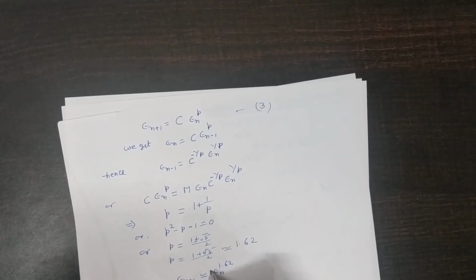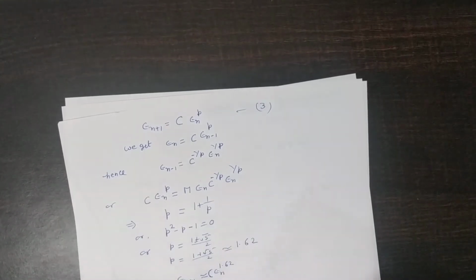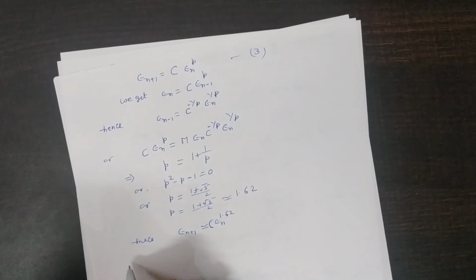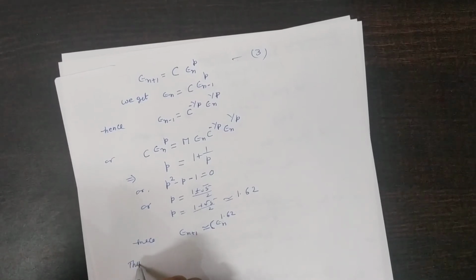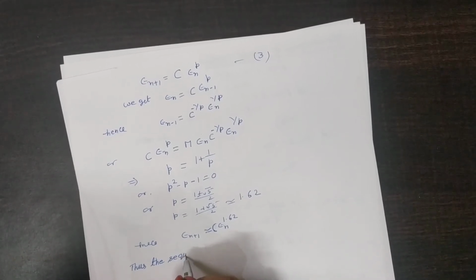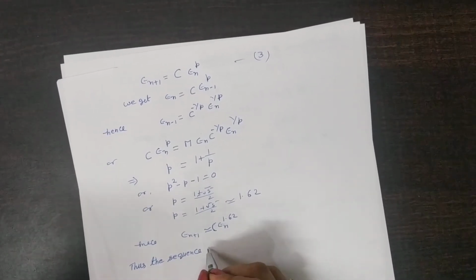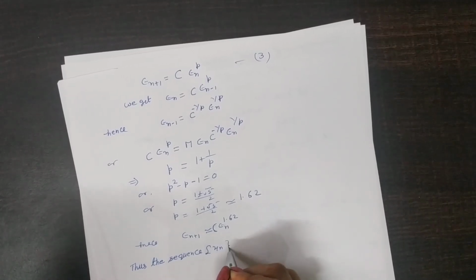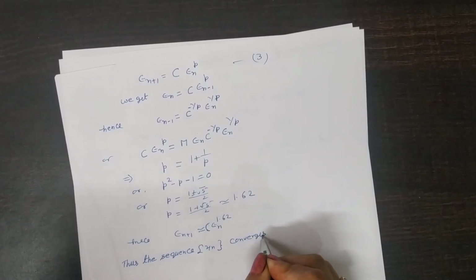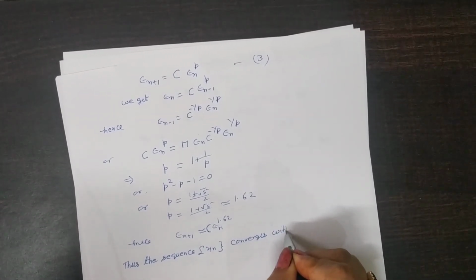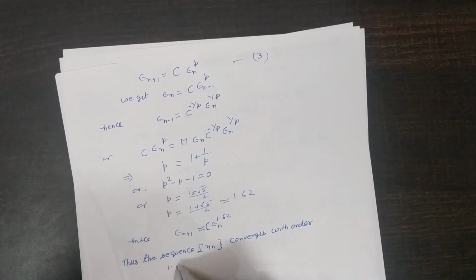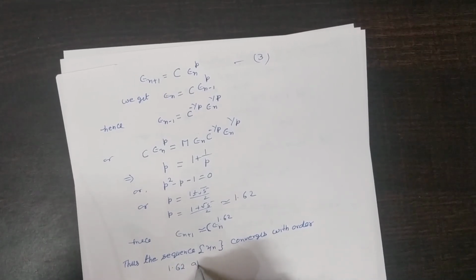And thus the sequence xn converges with order approximately 1.62.